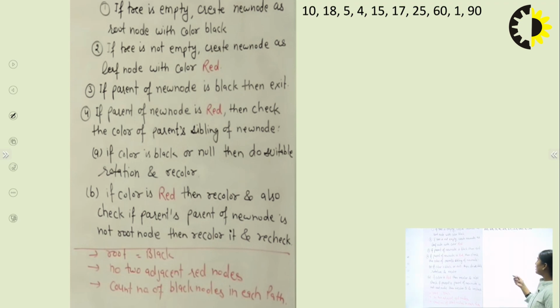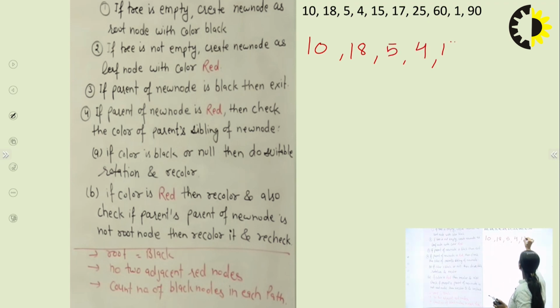So I am taking random data like 10, 18, 5, 4, 15, 17, 25, 60, 1 and 90.